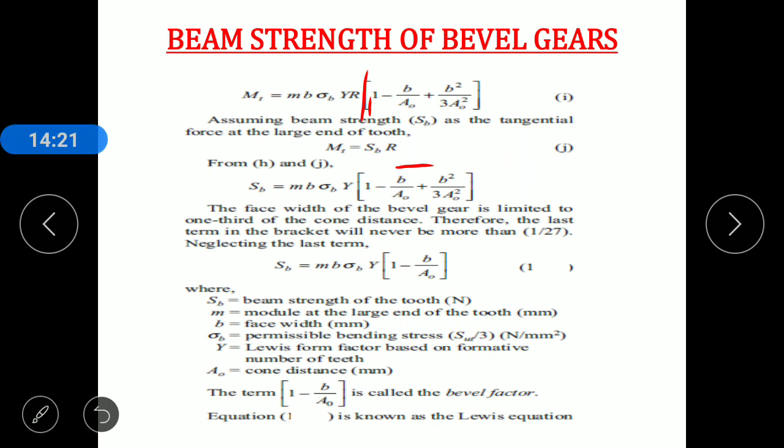We use the relation b = 10 m and get some value, and we use the other relation b = A_O/3, and using these two equations we get some value. The lower or smaller value is considered in the calculation.